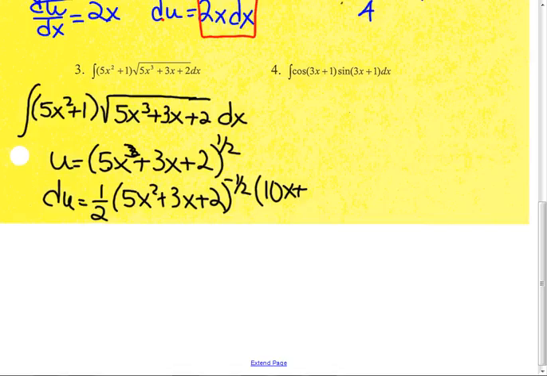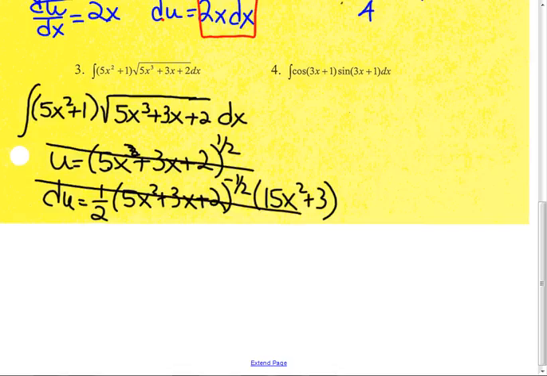I didn't think that was right. It's 15x squared plus 3. I don't think I see anything as complicated as this up here. I don't see anything with a negative 1/2. So that won't work, will it? You can try it, but it doesn't work. So we'll just get rid of that. I'm just going to leave it, though.